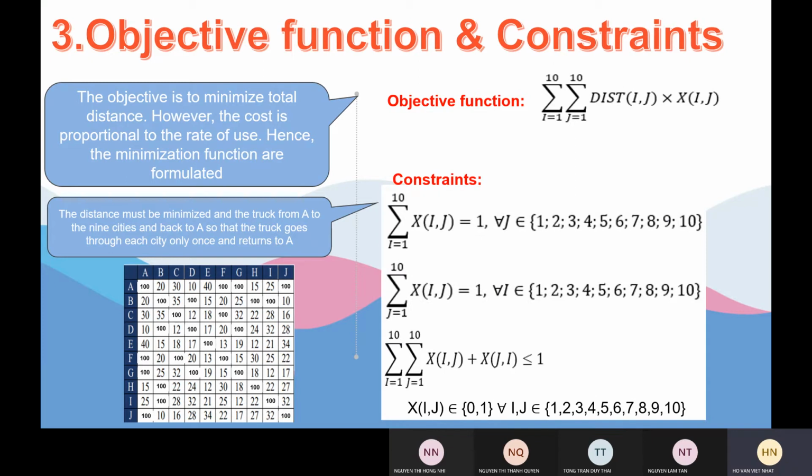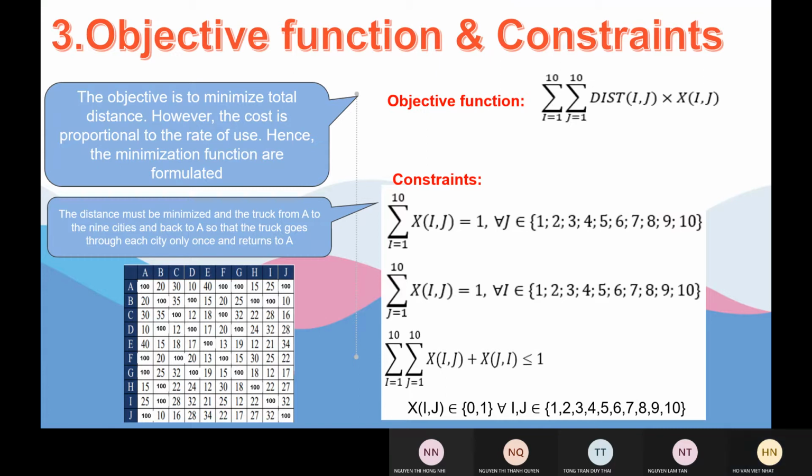First, the truck will go to only one city, so the total of hij in one row is equal to 1. For example, if the row is from A to E, it means h15 is equal to 1 and the other h1j are equal to 0. The same applies to the other 9 cities, and we will have 10 constraint rows.